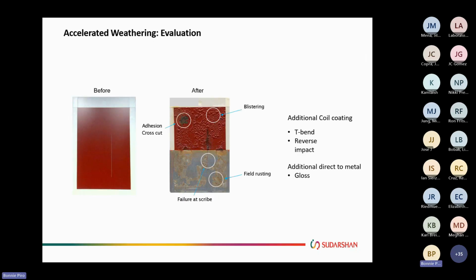So this is a little something of what we are looking for. You're probably familiar with this. We've got the before, with a couple of marks that are put on the film before it is put into the various chambers for the corrosion testing. Usually there is a scribe down the middle.